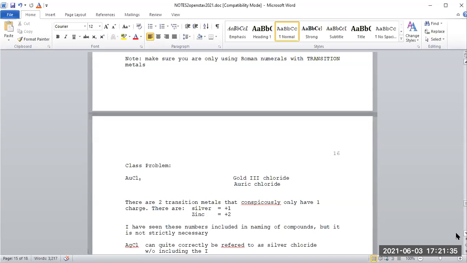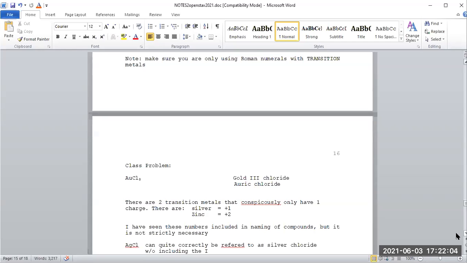Or if I go back to the older system, auric chloride. There is such a thing as aurous chloride. Gold occasionally will occur in a +1 version, although usually that particular version is somewhat more rare than the +3 version.